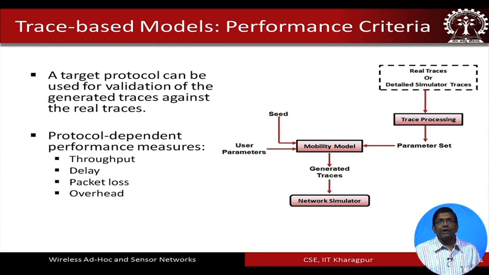When we talk about these mobility models, the performance of these models has to be compared. They can be compared with the help of the performance evaluation of the target protocol that could be run using them. Different measures such as throughput, delay, packet loss, overhead, etc., can all be considered as performance measures to understand the performance of the mobility models we just went through.